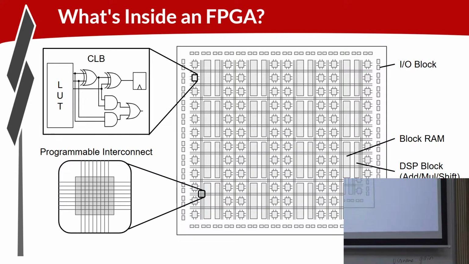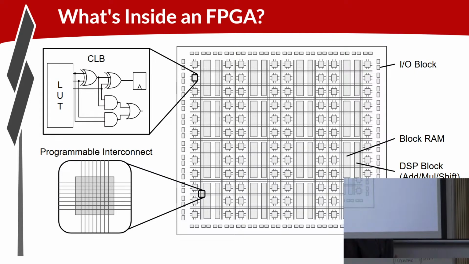and interconnect with programmable interconnect, right? So at the intersection of the crossing wires, you can basically short the wires out and use that to create routing throughout the chip. And then you've got these larger blocks that are small memories, small RAMs, block RAM.